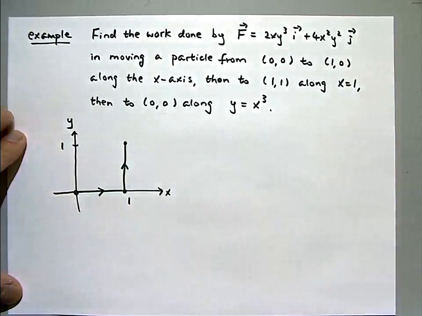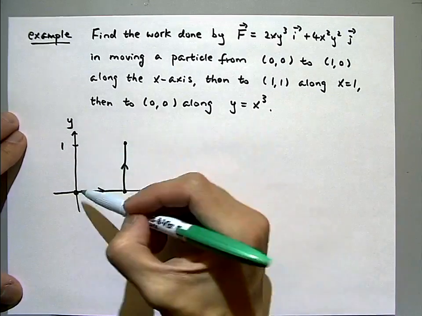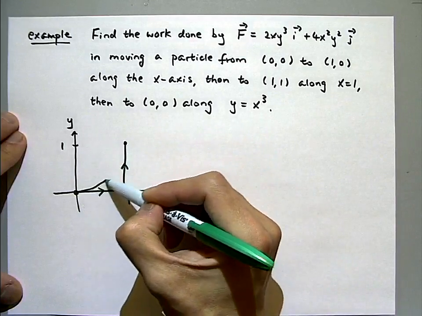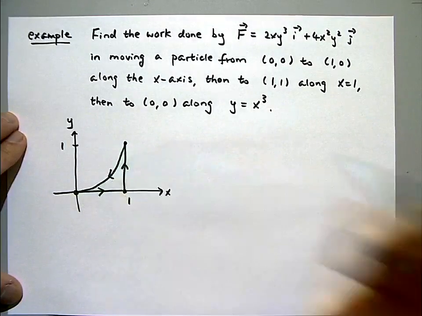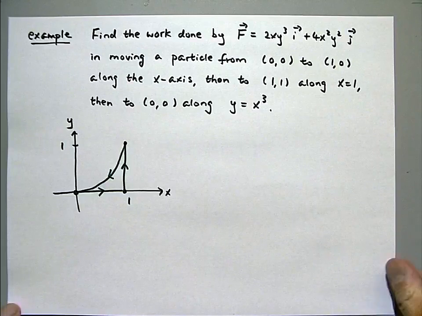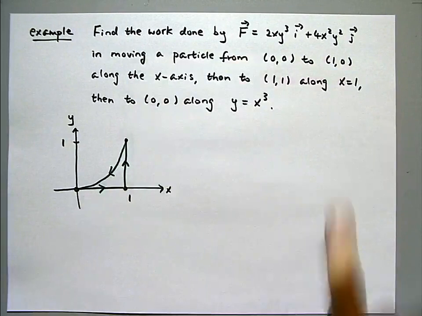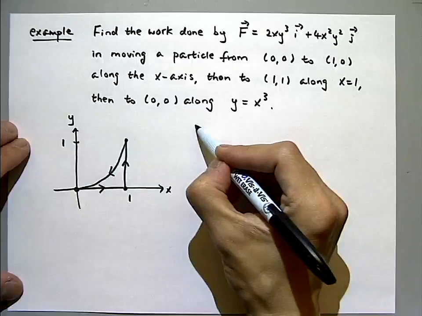So that's the second leg of the trip. Then we're going to come back to the origin along y is equal to x cubed. Finally, back to the origin that way. And this is positively oriented, right? It's counterclockwise, so it's positively oriented.